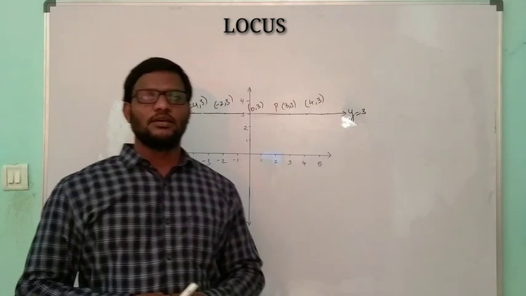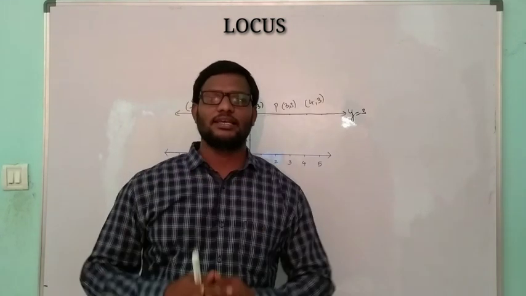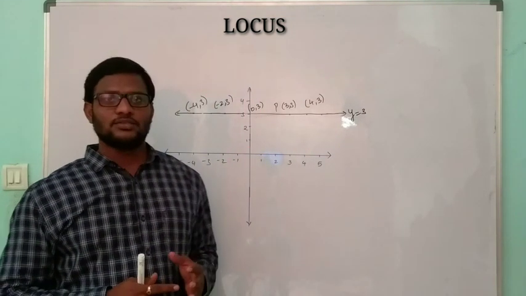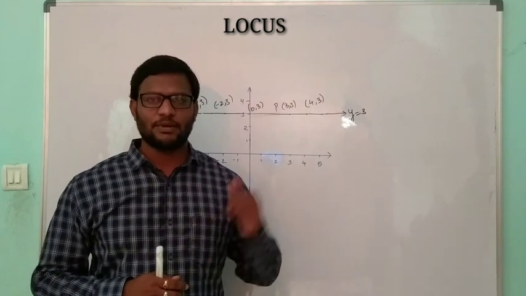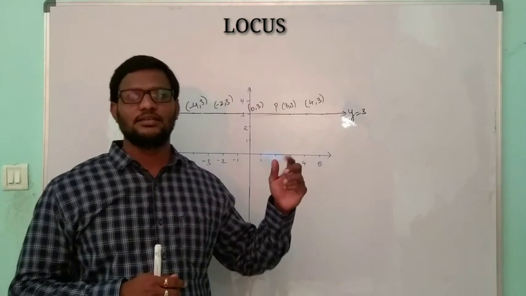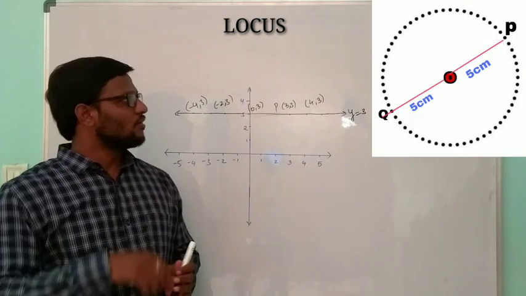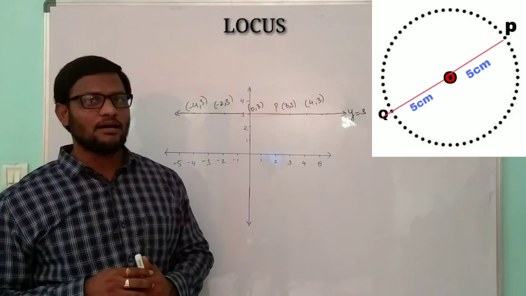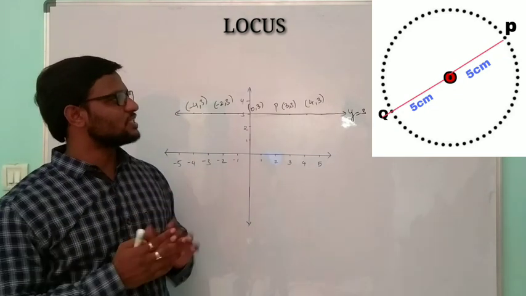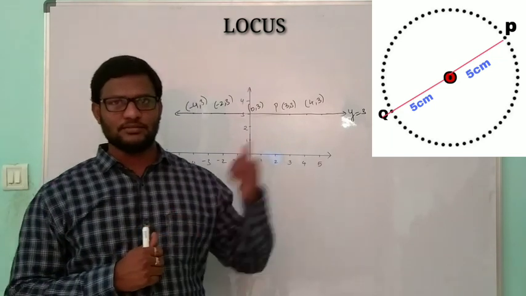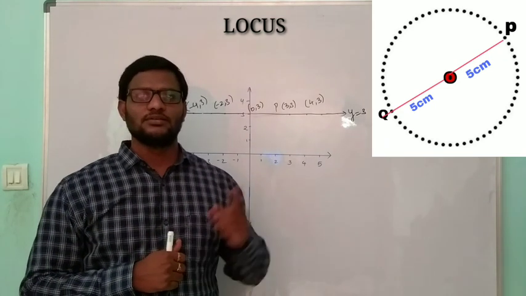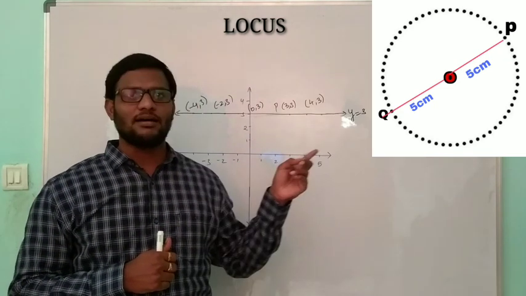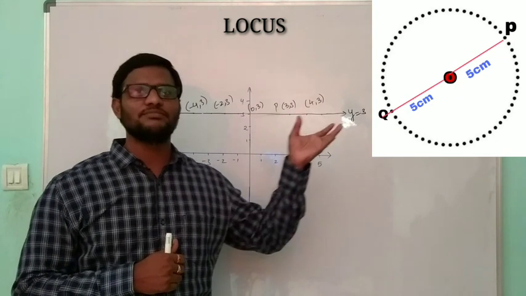We'll take one more example. By this example, you will be clear about what a locus is. Take infinite points at a fixed distance. All these points have the same distance from the middle point, the center.